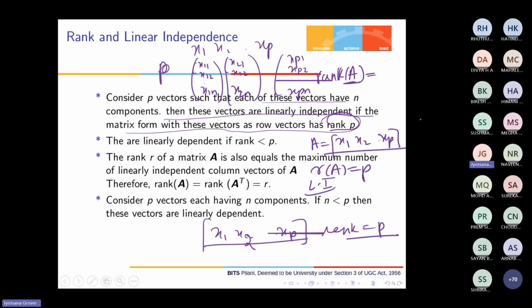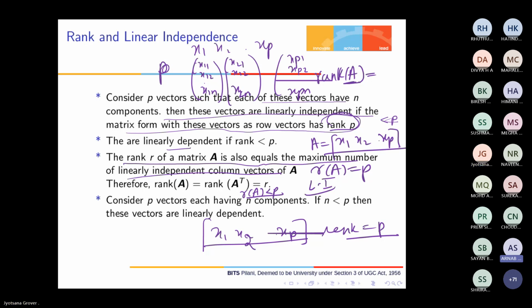And if the rank of A is less than p, that means some of the columns are pivot and others are non-pivot elements. The rank of a matrix is also equal to the maximum number of linearly independent column vectors.